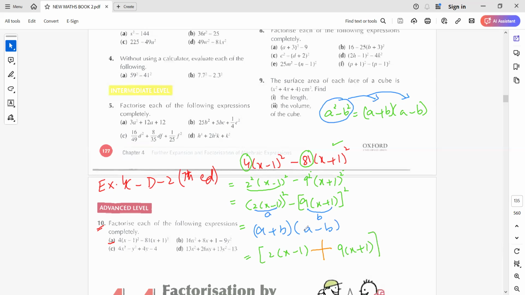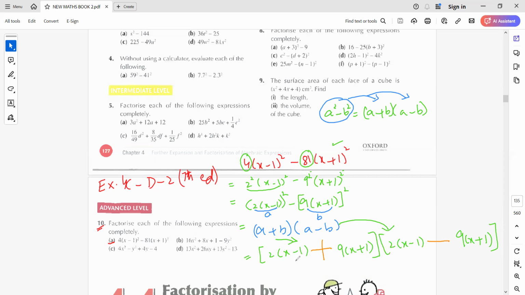So I have applied this a plus b. Now I'm going to write down a minus b. That means a is the same, 2 times x minus 1, and now in between I need to use the negative sign and then 9 times x plus 1 once again. Now I hope I have made myself clearer.